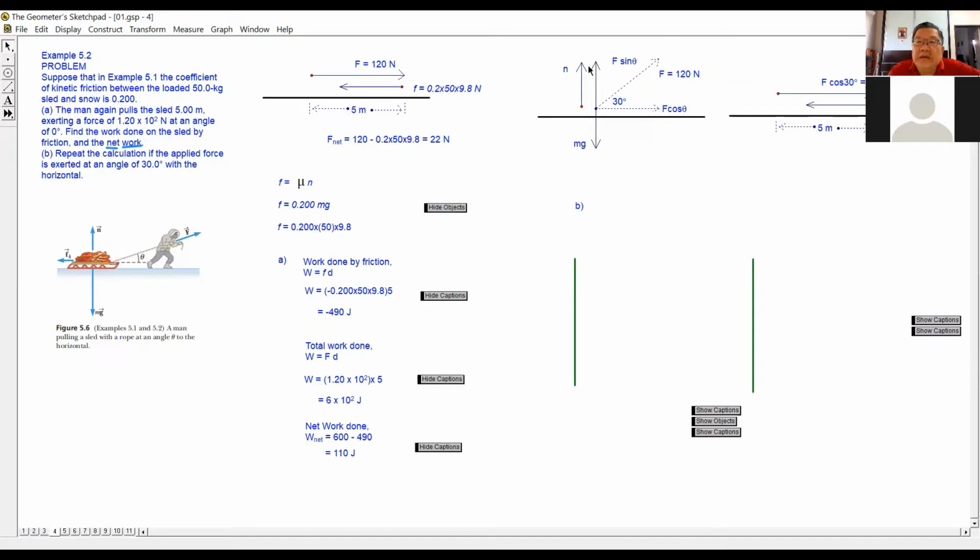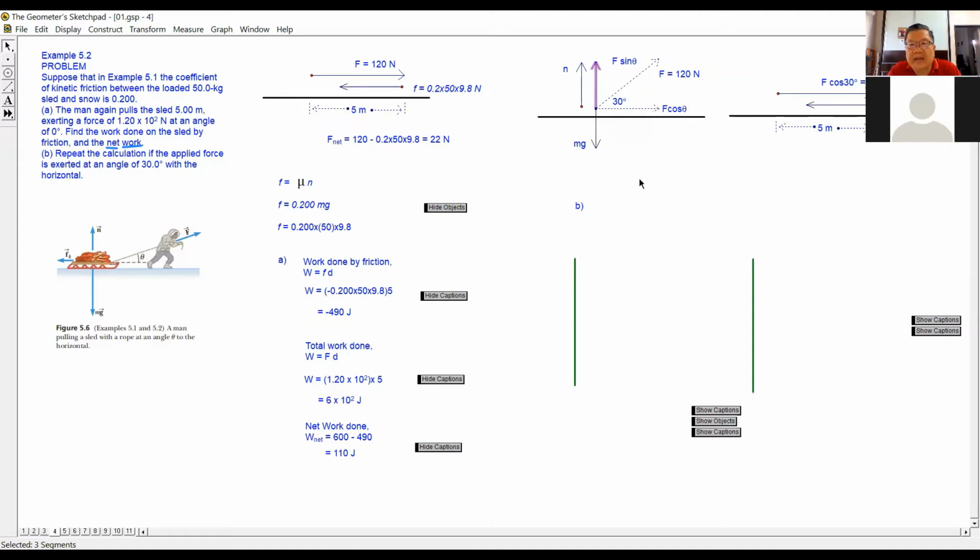Now the second consequence is this force F sine theta. Although it is not involved in moving the object, it helps to lighten the burden.